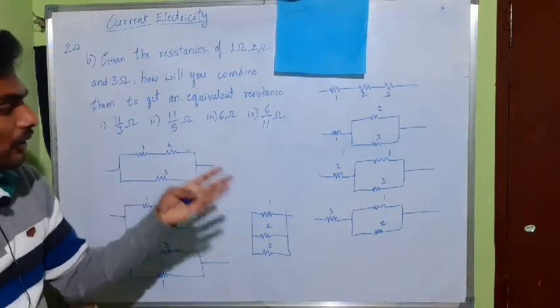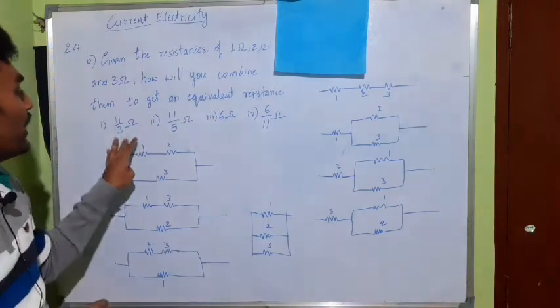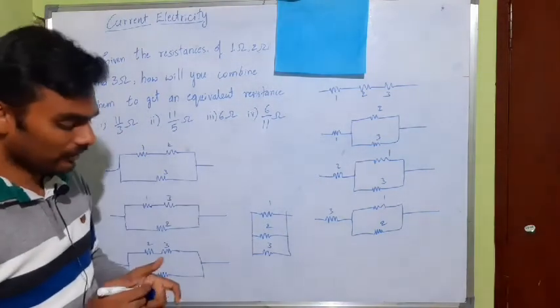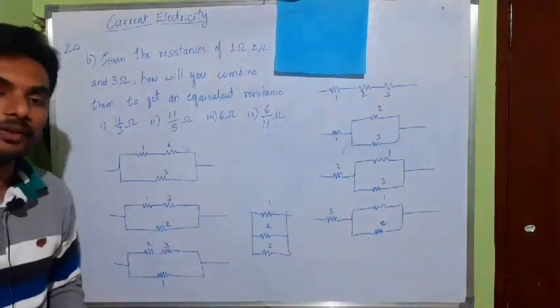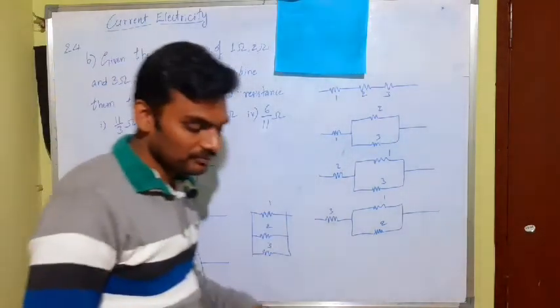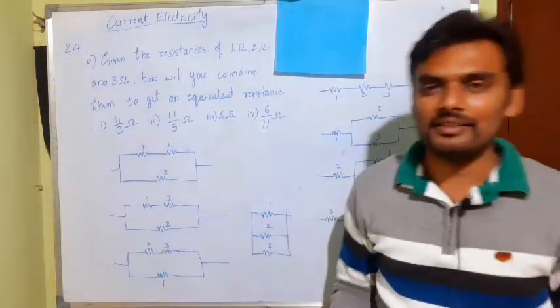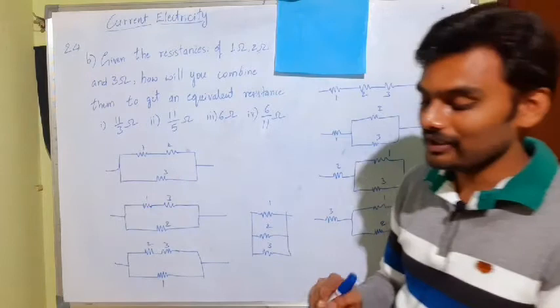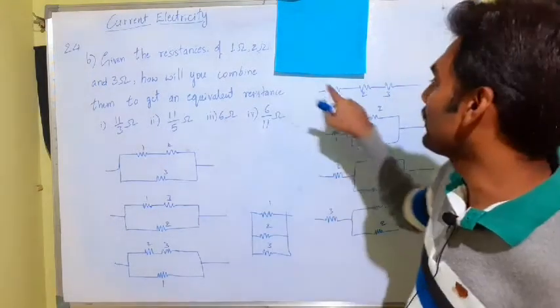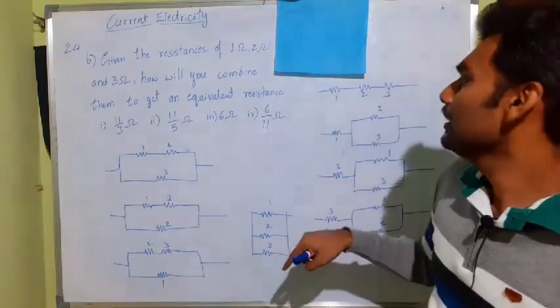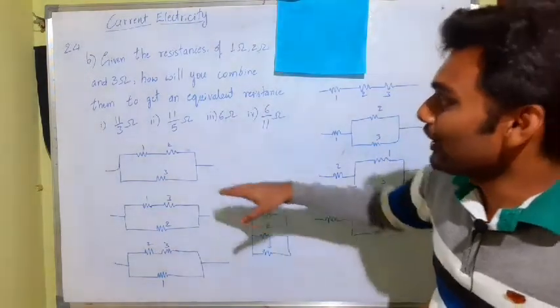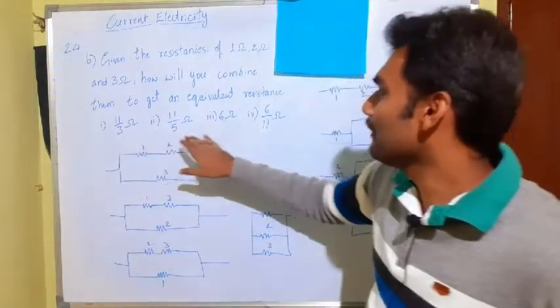Now I drew all of them because we have 4 different values of effective resistance given. If it was simply 6 ohm, I could have easily judged: obviously it is 1 plus 2 plus 3 which is 6, so it's definitely a series combination. But we also have different values like 11 by 3, 11 by 5, 6 by 11.